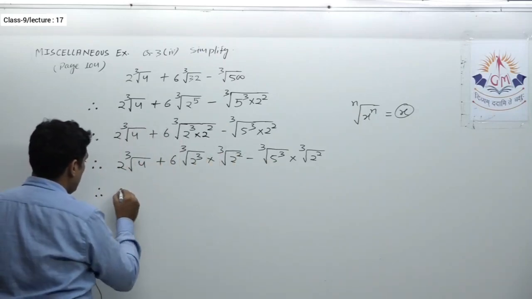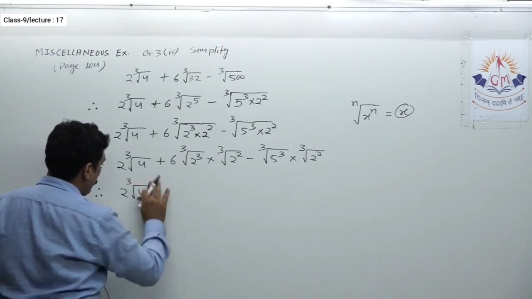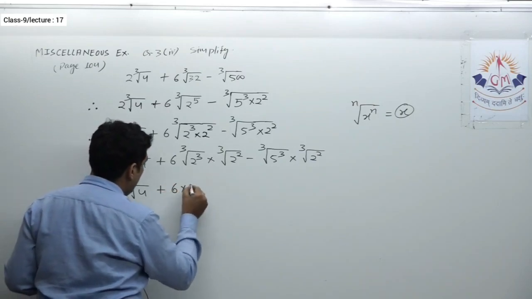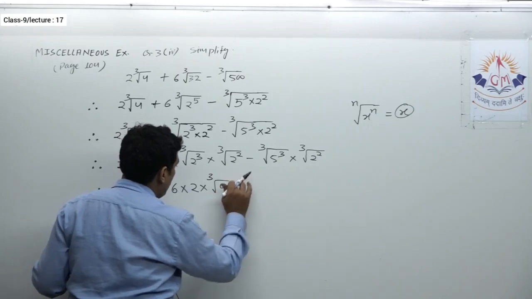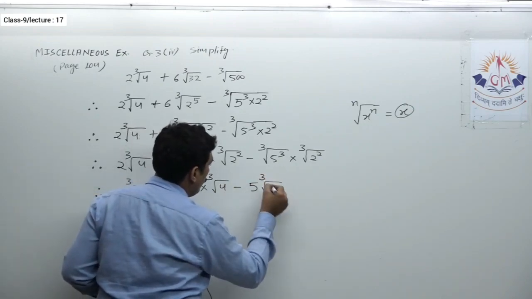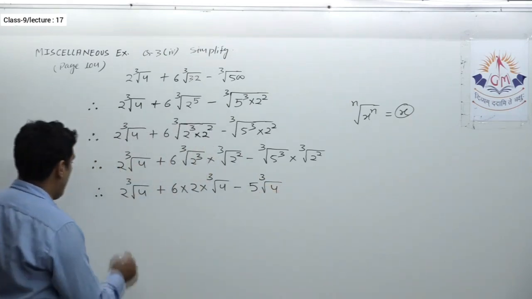So here 2 multiplied by cube root of 4, plus 6 into 2 into, now this is actually cube root of 4, minus here 5 multiplied by cube root of 4. I hope up to this point it is clear to you.